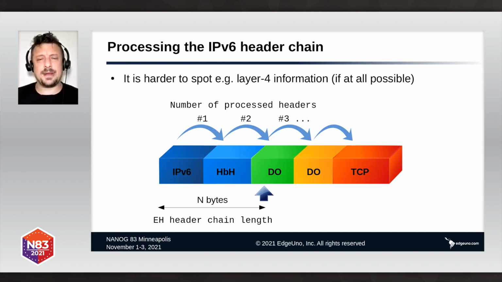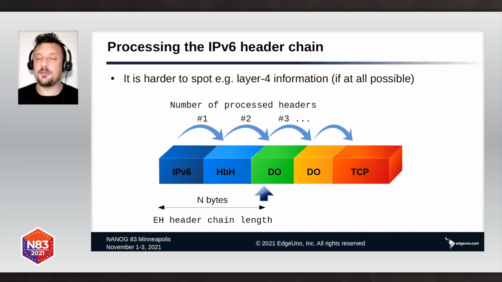Now, there are a couple of problems associated with this kind of processing. The first one is that the structure of the packet is of variable length, and there are a number of architectures for which this is not really friendly. The headers can be at any place in the packet, because all of the headers are of variable length.